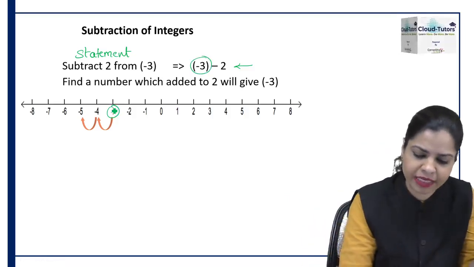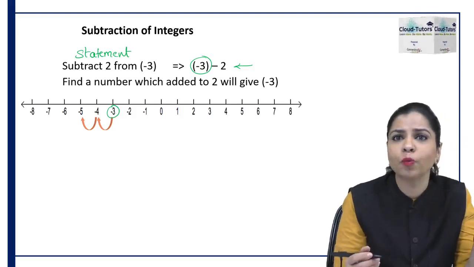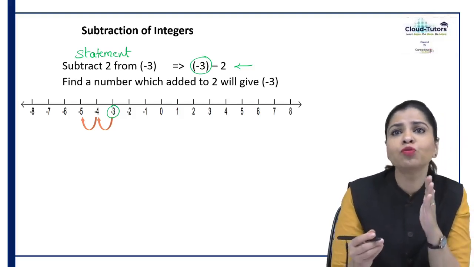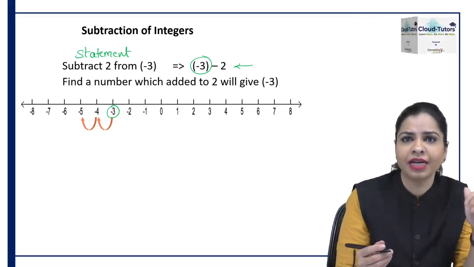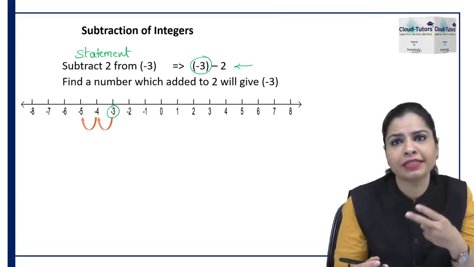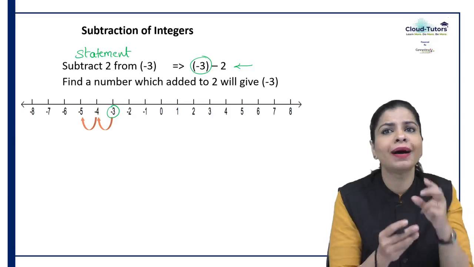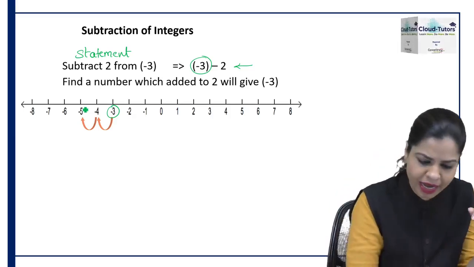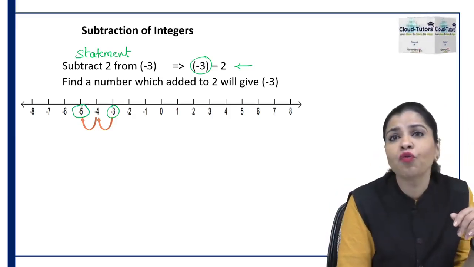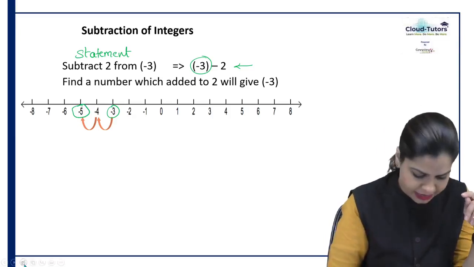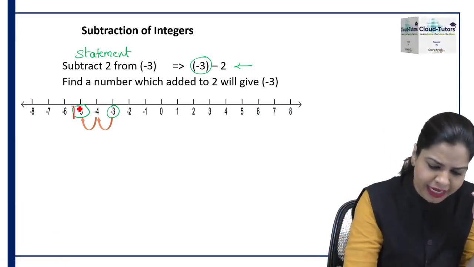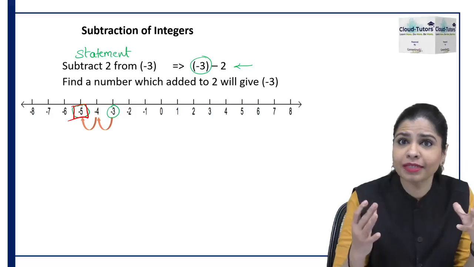From negative 3, now minus 2. Minus 2 means I have to move to my left, 2 places. When I move to my left by 2 places, I get negative 5 as my final answer, right? So negative 5 is my answer.